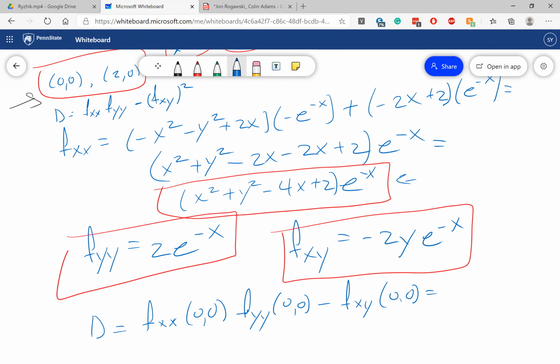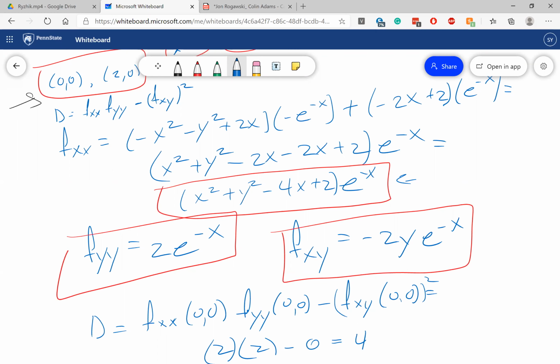From here we're going to get 2 times, and then for f_yy we plug in 0 for y, so that's 2 again. Good. And then minus, and this thing is squared, we plug in a 0 for y, so minus 0, which is equal to 4.